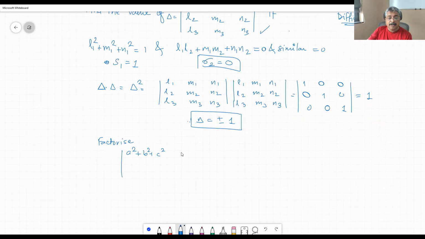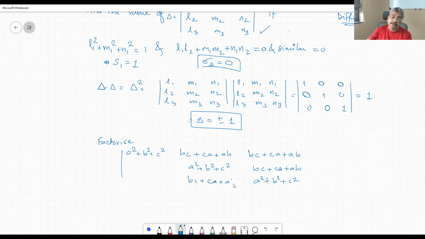Anyway, having done the first, abc plus ca plus ab, bc plus ca plus ab, a square plus b square plus c square, a square plus b square plus c square, bc plus ca plus ab, and so on for the remaining rows.